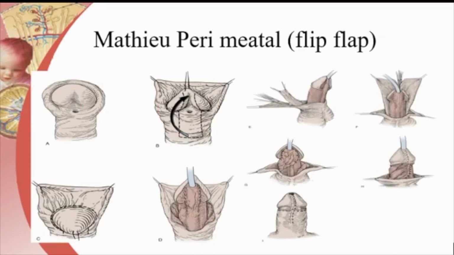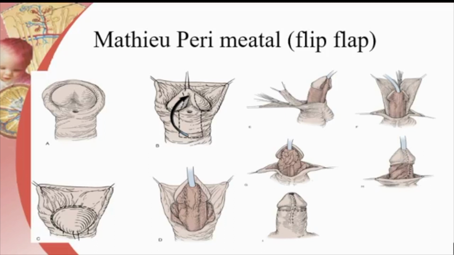Now the Mathieu perimeatal based flap, also known as flip flap repair, is particularly useful when there is a subcoronal hypospadias with a poor urethral plate. A poor urethral plate means it is not 1 centimeter wide. So you have only a 5 millimeter urethral plate, then you take another 5 millimeter by a flip flap.